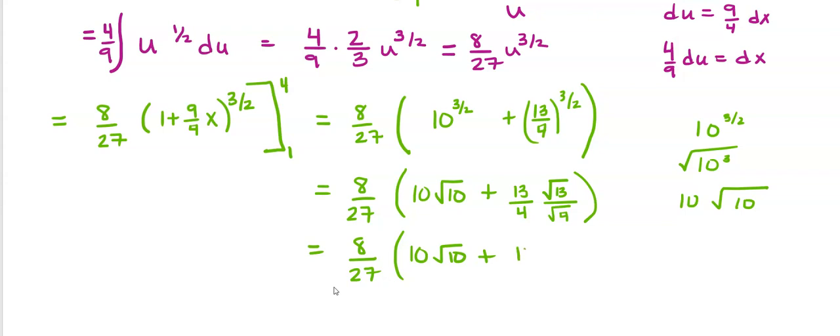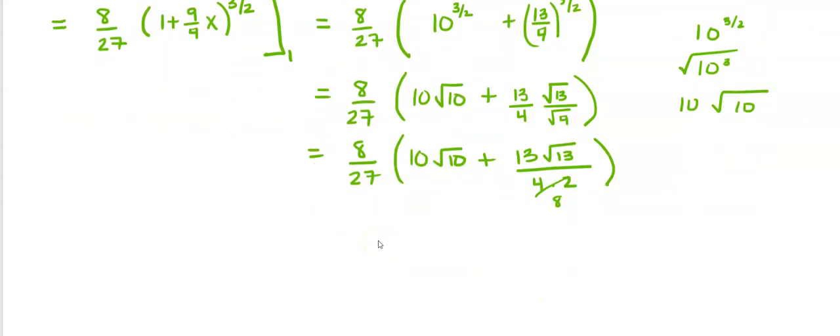So we have 13 root 13 over 4 times, and this root 4 is now 2. So 4 times 2 is 8, right? So now we have an 8 in the denominator. And what would make it look really nice maybe is if we took this 8 in front and distributed it through, because then it would cancel out with this 8 in the denominator in the second half. So let's do that.